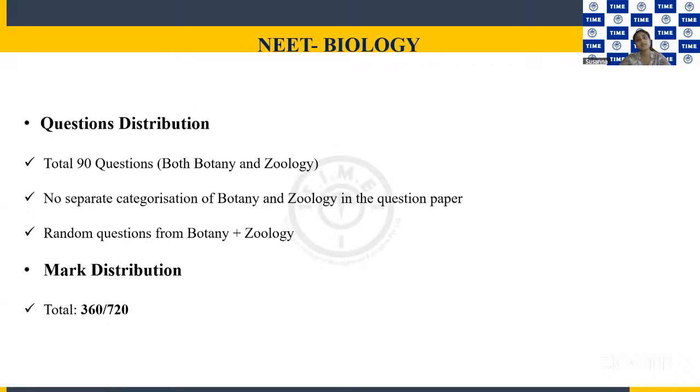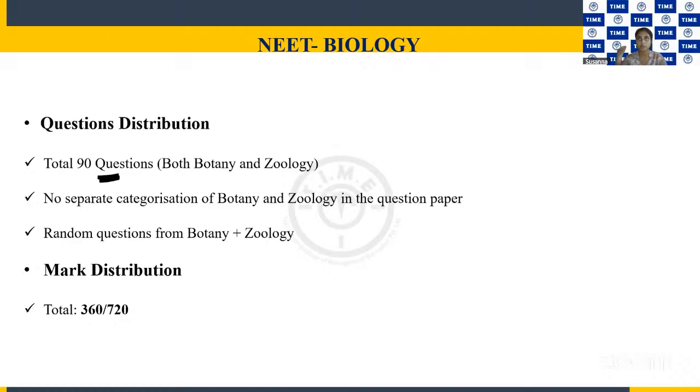So let's discuss what is really happening in the biology part of the NEET exam. We already said that we have 90 questions coming from biology. That means they are from both zoology as well as botany. We don't have a separate categorization in the question paper as a botany part and a zoology part.